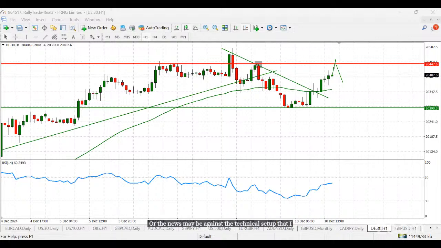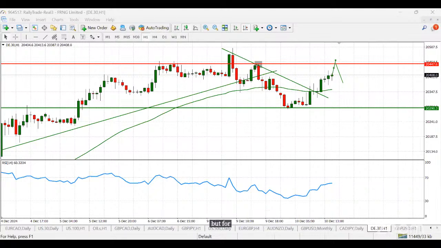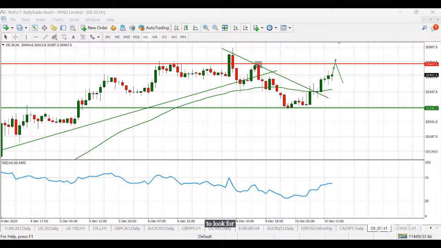That doesn't mean the technical setup is wrong, but for that instant the news may be against it. If it's a loss I'm willing to take, I take it and wait for the next technical setup to look for another perfect entry.